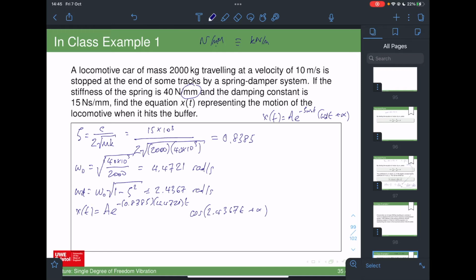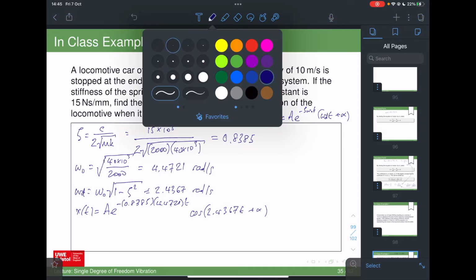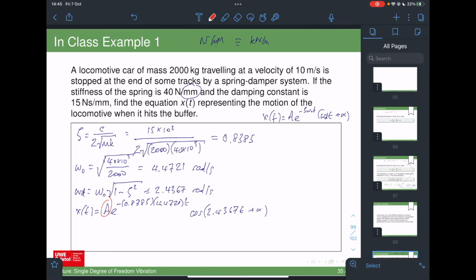So there's my basic equation, but there are two unknowns, A and alpha. These things here we don't know. We need to find these from initial conditions.